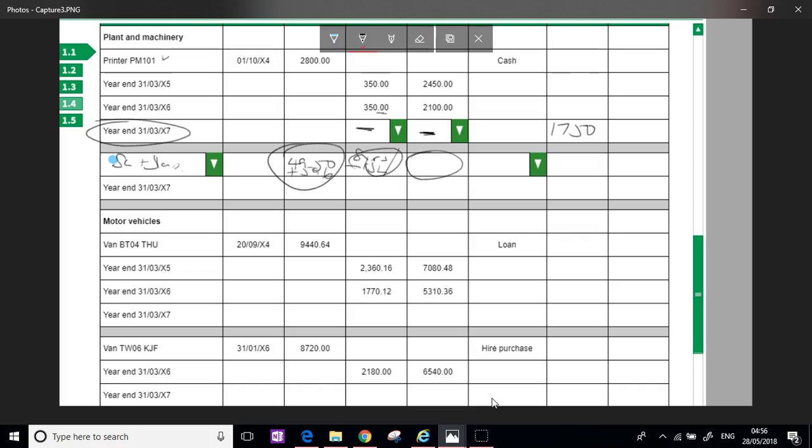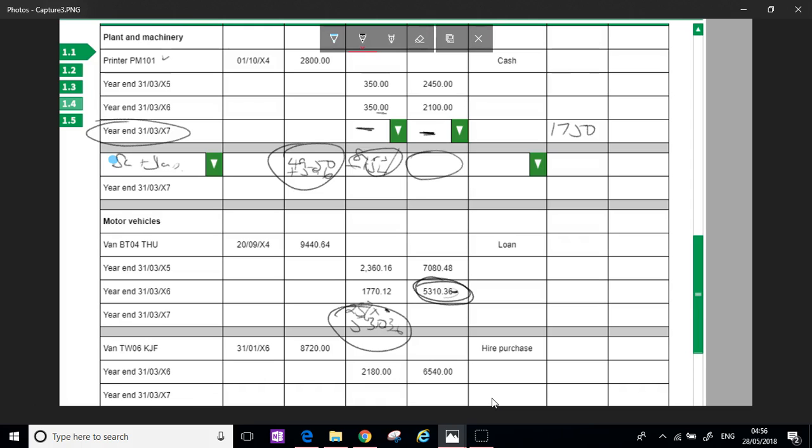And then let's look at the motor vehicles. Nothing seems to happen in terms of acquisitions or disposals. They tell you that this is, I believe, a 25% reducing balance method. So for the reducing balance method, we're focused on the carrying amount. So you take 25% of the 5310.36, put that depreciation figure in there and deduct that depreciation from this carrying amount.